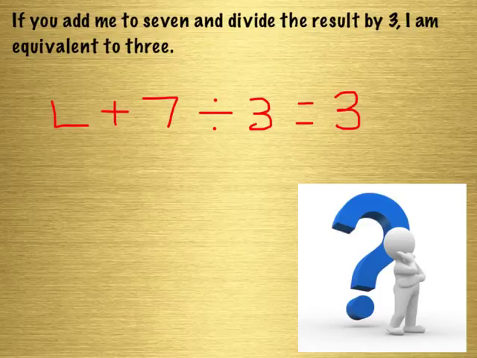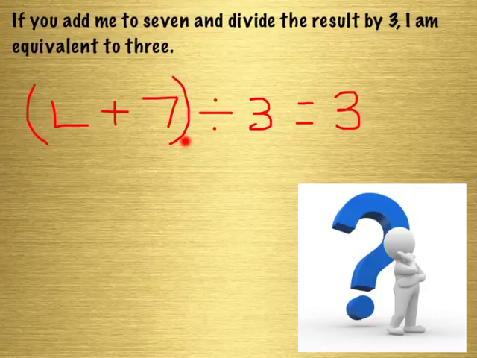Now the only problem is that because of order of operations, if I leave my expression like this, I'll have to do the division part first. But I don't want to do that because it specifically says you have to divide the result by 3. So to show that I need to do the addition first, I'm going to put brackets in there. Now if I go to do that problem, I know I have to do L plus 7 first, then divide it by 3, and the answer will be 3.